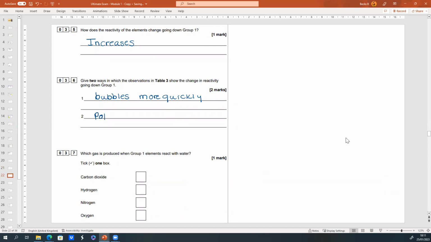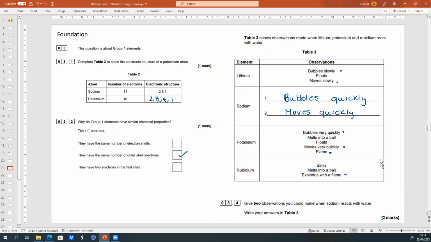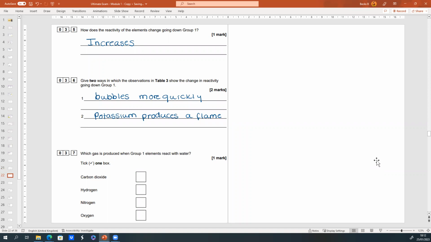Potassium produces a flame. Okay, now if you'd related it to any of those, so it's moving more quickly, it's bubbling more quickly, either are fine.